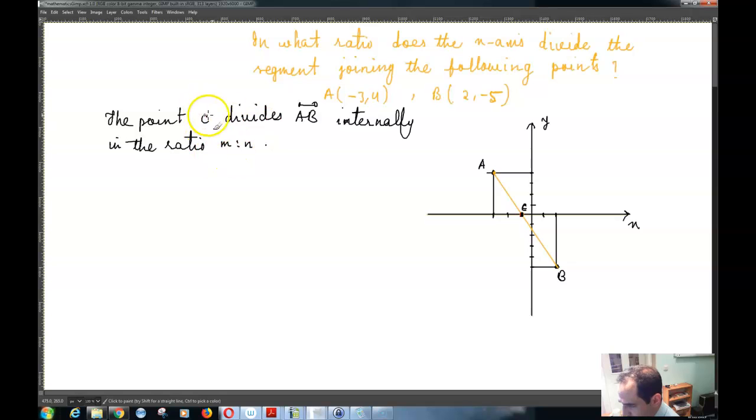And if I assume that's the case, then that means that AC to BC is equal to m to n.